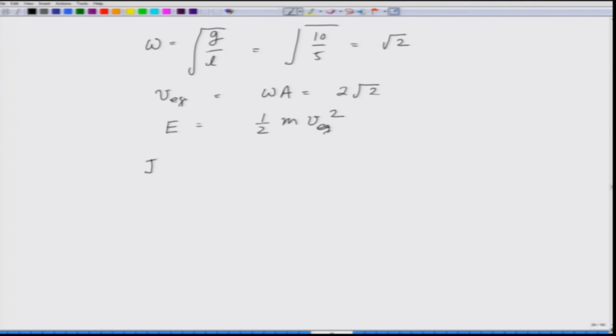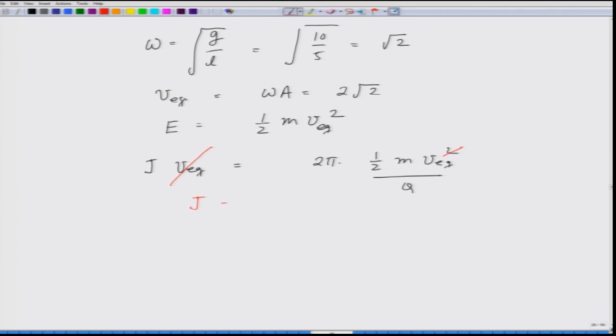So, I have J V equilibrium is equal to 2 pi times E, which is 1/2 m V equilibrium squared, divided by Q. Now, I am going to cancel this V equilibrium with the square here.